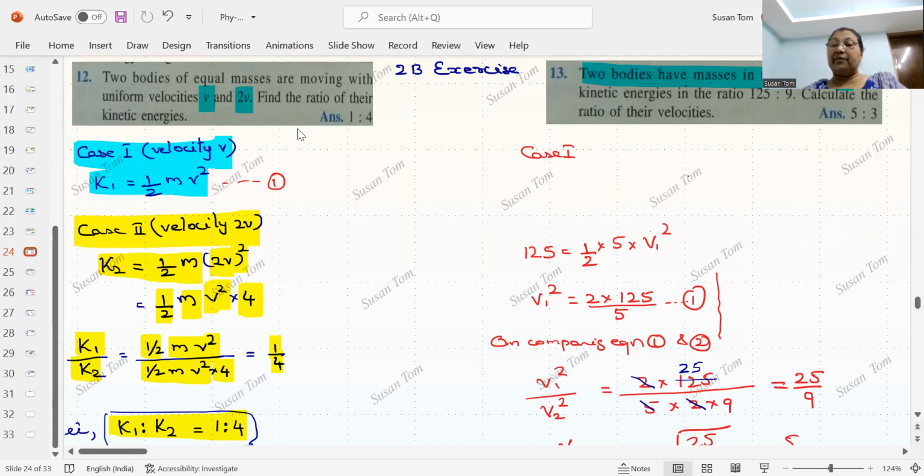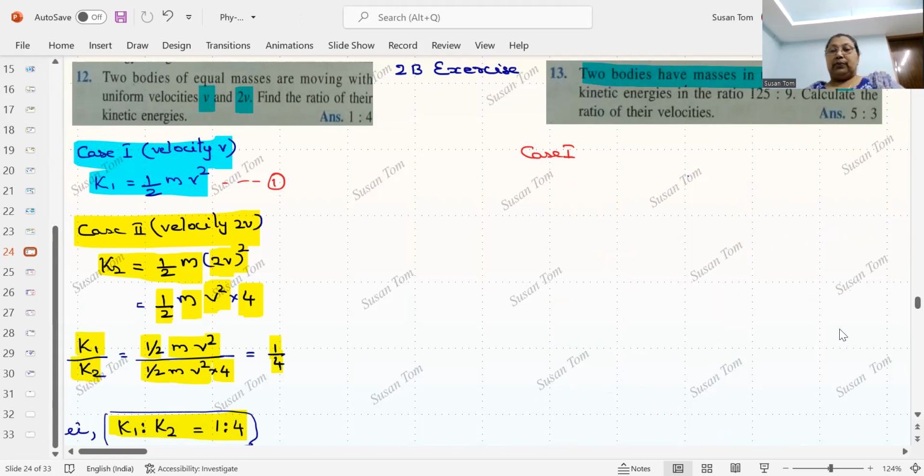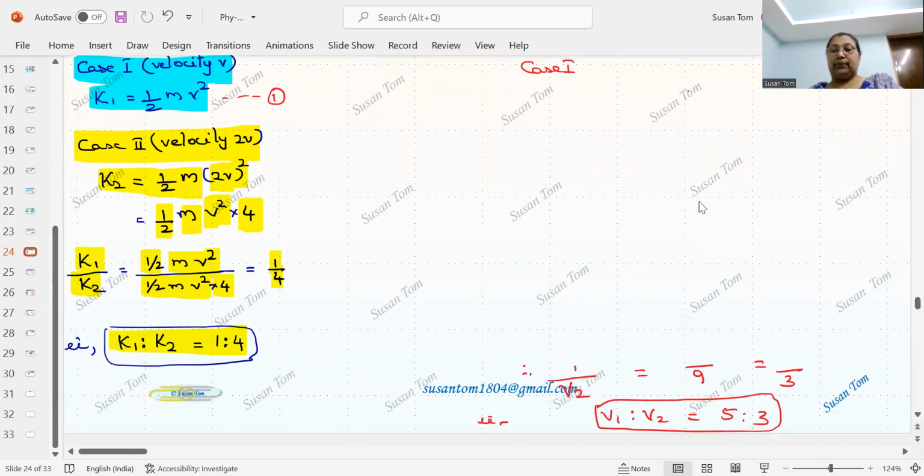The ratio we can take, but we cannot equate. So just a second, let me wrap it up. We are coming with the same answer only.